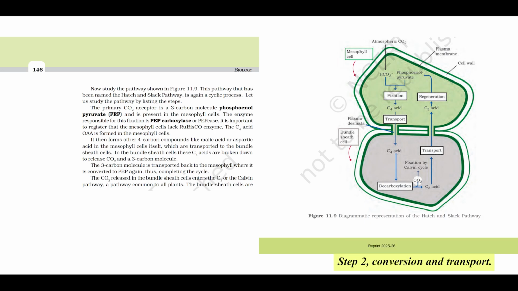Step 2. Conversion and transport. The OAA formed in the mesophyll cells is unstable and quickly converted into other, more stable 4-carbon compounds, typically malic acid or aspartic acid, still within the mesophyll cells. These 4-carbon acids are then actively transported from the mesophyll cells into the adjacent bundle sheath cells, moving through plasmodesmata, those small channels connecting plant cells. Step 3.